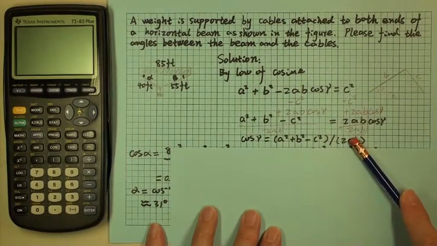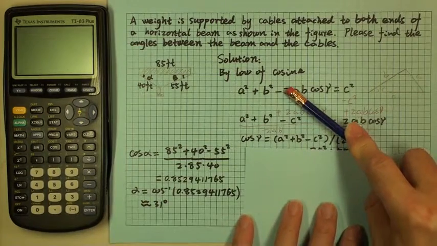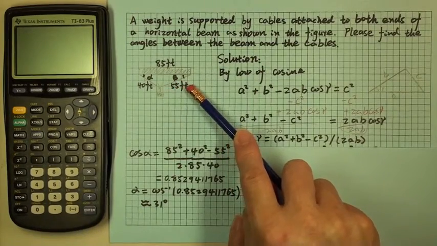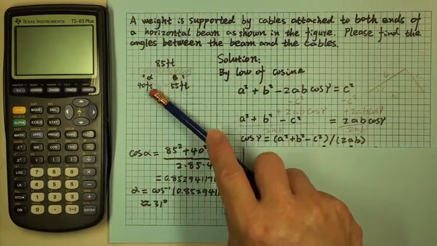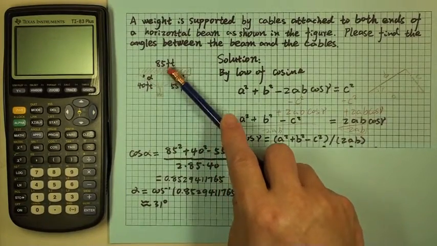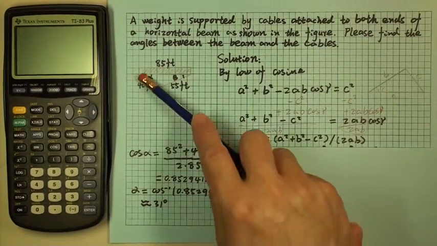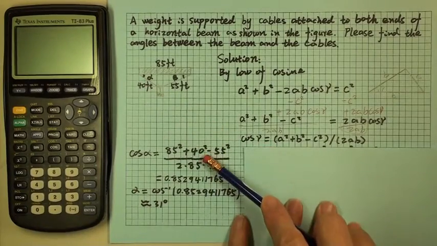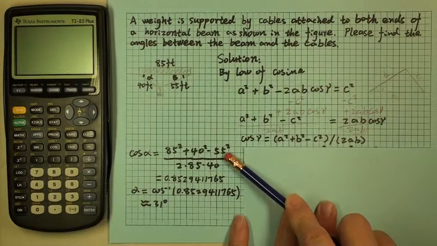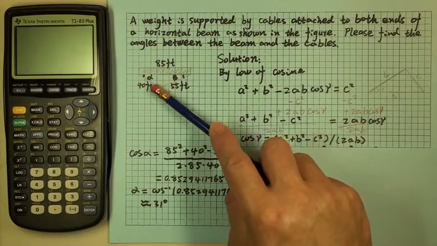With this in mind, we can immediately look at alpha. For alpha, the opposite side is 55 feet, and the two adjacent sides are 85 and 40. So 85 squared plus 40 squared minus 55 squared, divided by 2 times the product of 85 times 40.